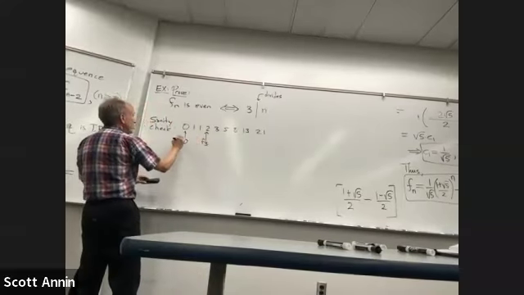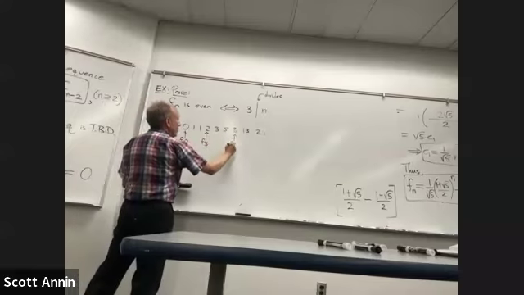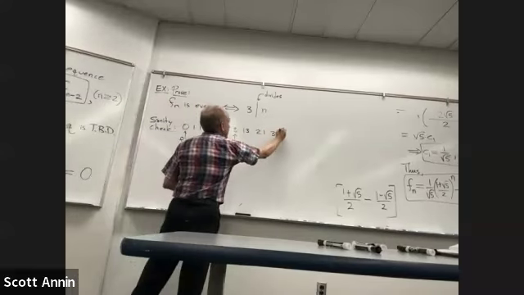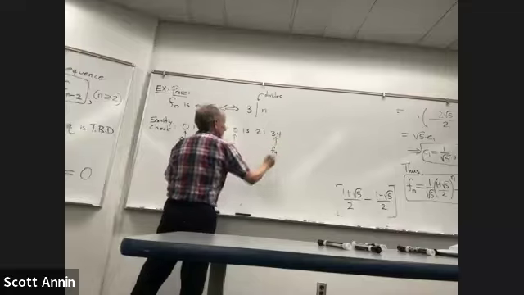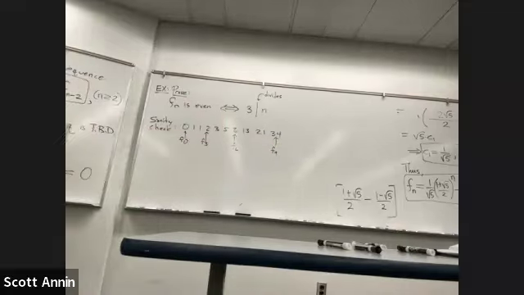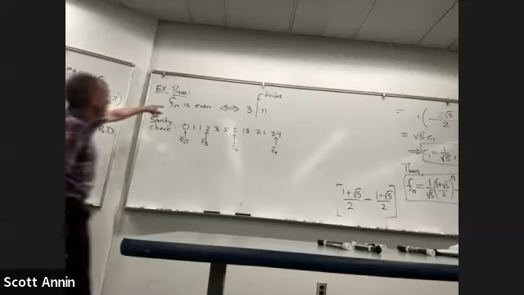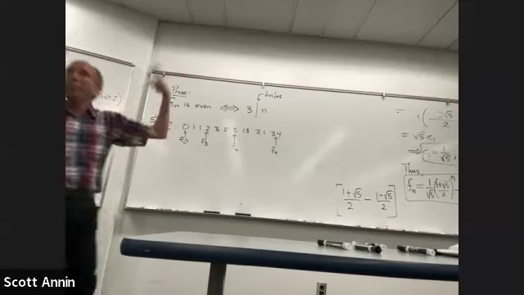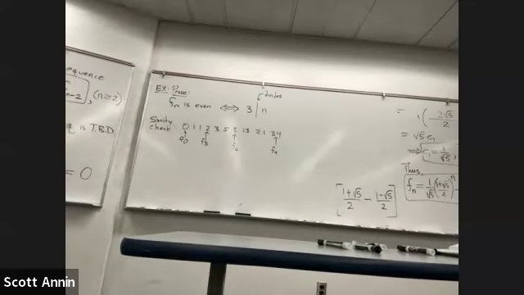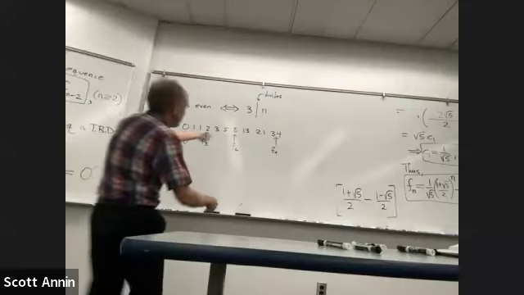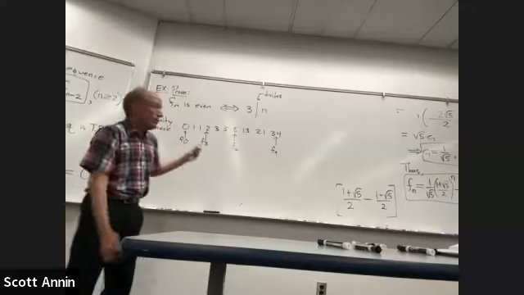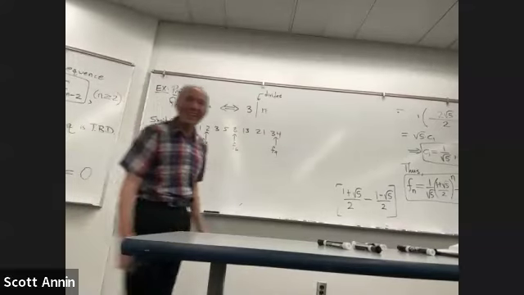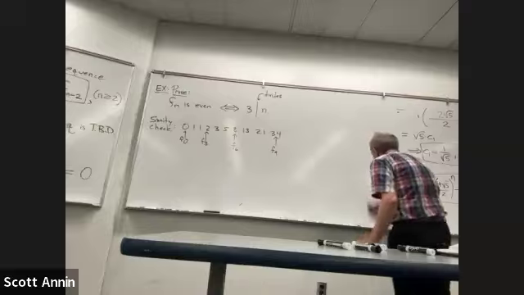This is F3, this is F0, this is F6. And you see that the even ones occur when the subscript is a multiple of 3. So this is just checking the base cases here.